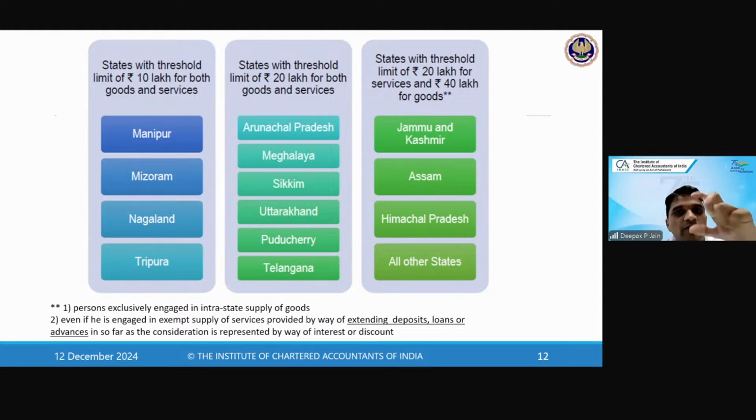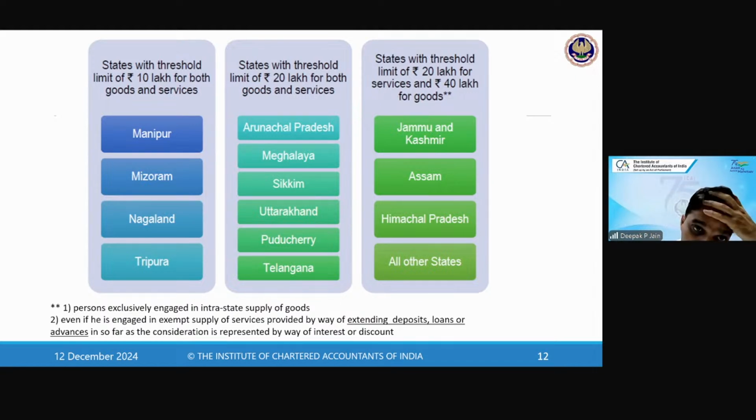Because we have to remember the name of the state itself. AP is must. That is also fine.